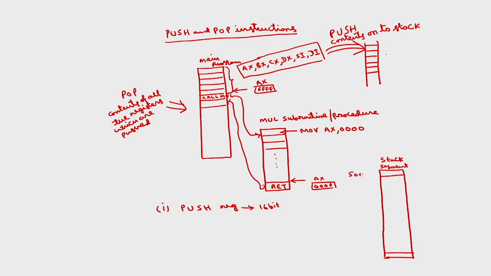If the starting address is 50000H, the ending address will be 5FFFFH. So, totally 64 kilobytes of memory I have reserved for the stack. Whatever data we are going to store will be placed here. This stack operates on the last in first out principle.